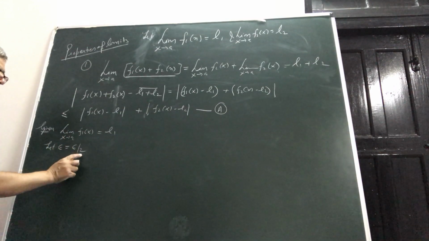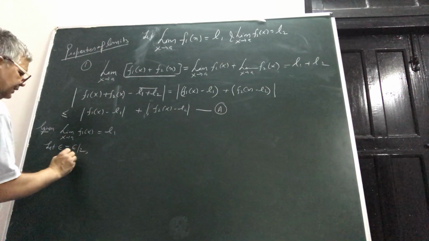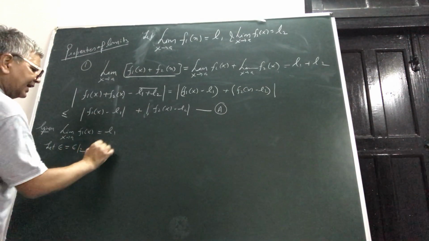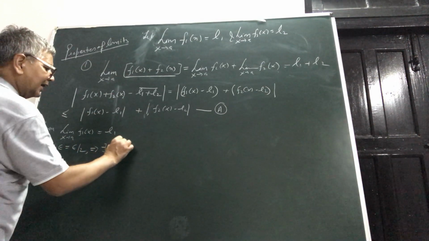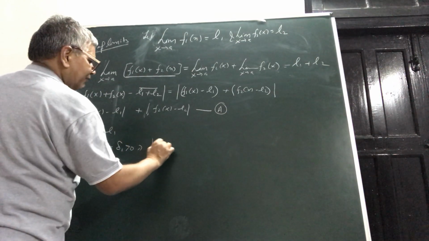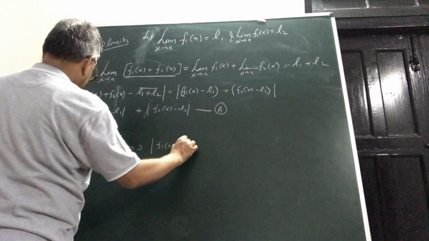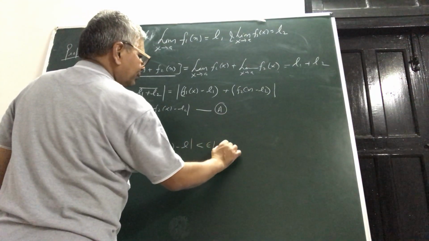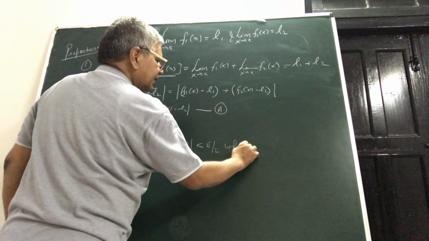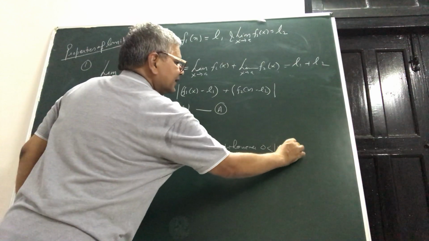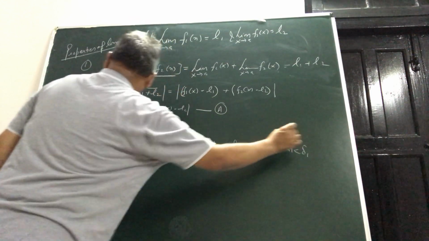For this epsilon by 2, there exists a delta 1 greater than 0 such that mod of f1(x) minus L1 is less than epsilon by 2 whenever 0 is less than mod x minus a is less than delta 1.